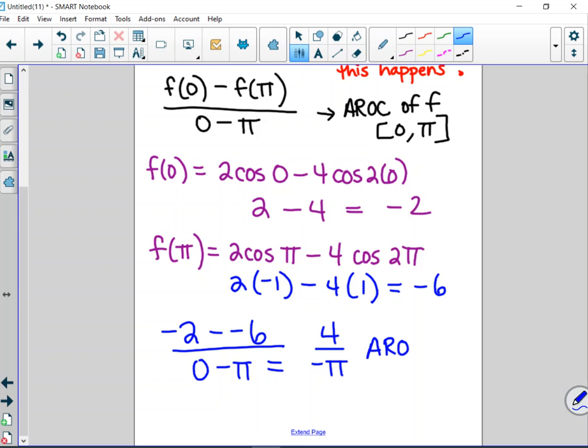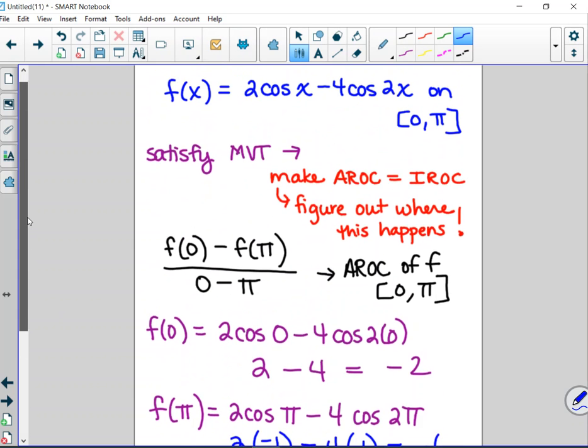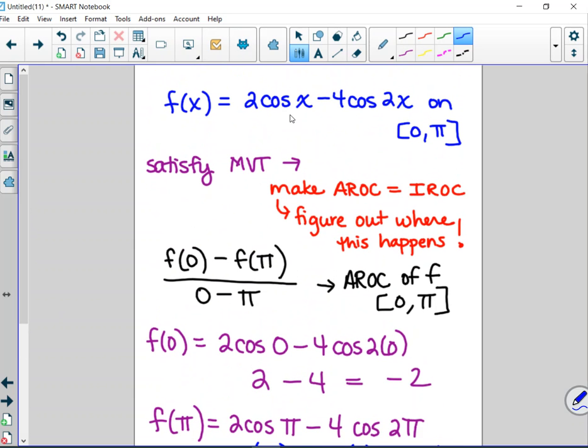That's the average rate of change. What do I have to make equal to that? The IROC, the instantaneous rate of change, which is nothing but the derivative.